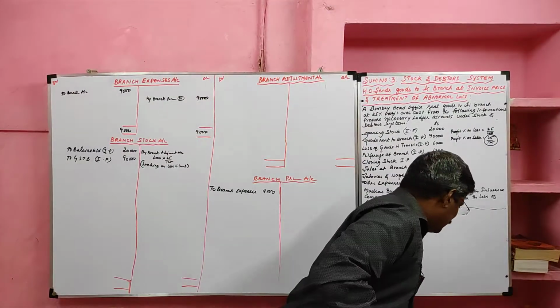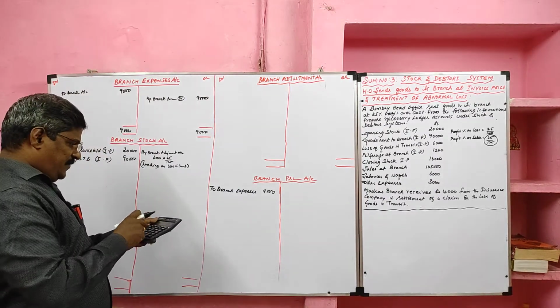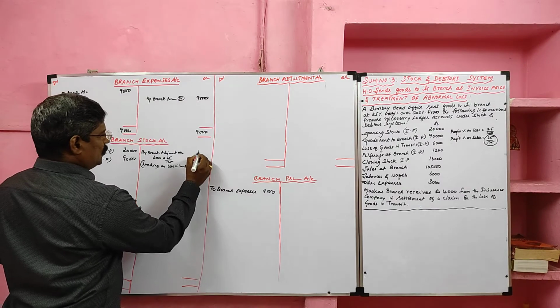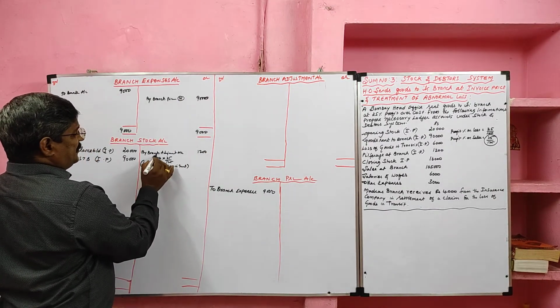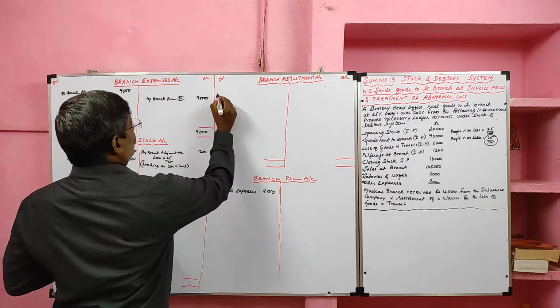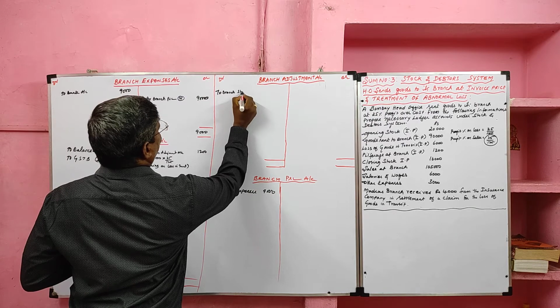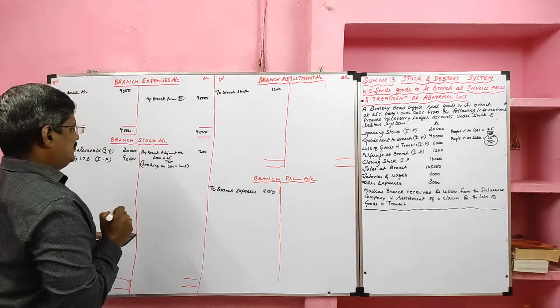Value 6,000 into 25 by 125, that is 1,200. So here the branch adjustment is credited. In branch adjustment account, the branch stock should be debited. This is loading on loss of goods in transit.